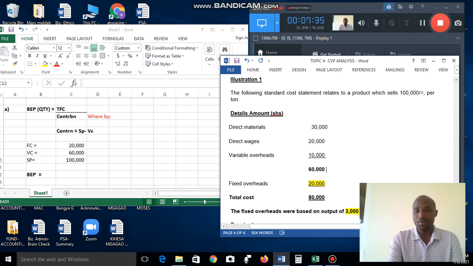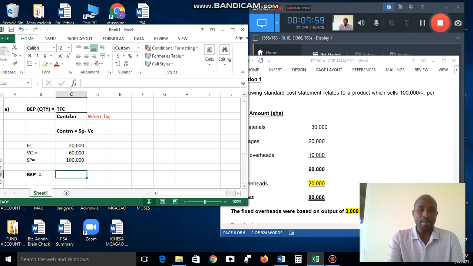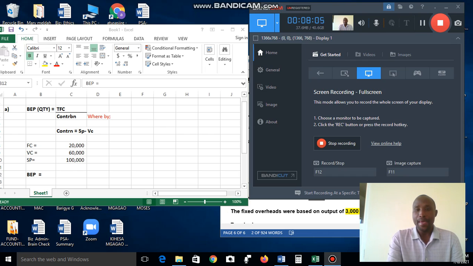So when you talk of total fixed costs, it means we shall be looking at a fixed cost per unit times the number of units produced. So now we can have a short break, and then we come and compute our break-even point.